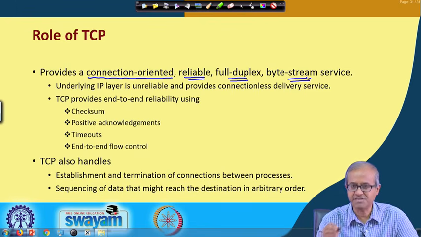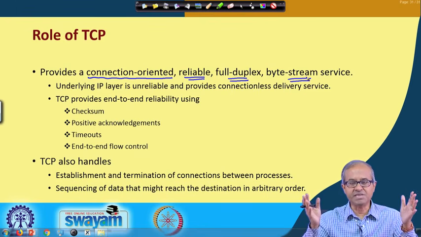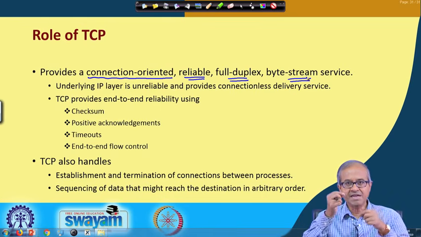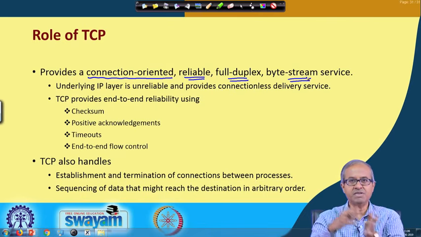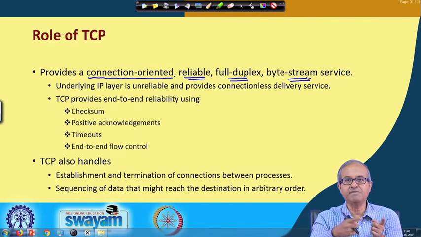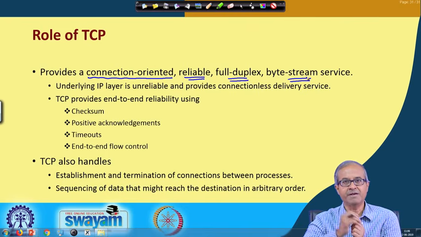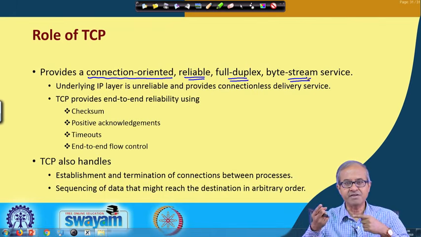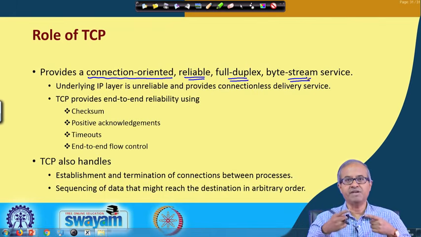Byte stream service means whenever some message is being transmitted, both the sender and receiver keep track of how much data has been sent and how much data is yet to be sent in terms of the number of bytes. So, each byte has a number 1, 2, 3, 4, 5, 6, 7, 8 and both sender and receiver keep track of these byte numbers.